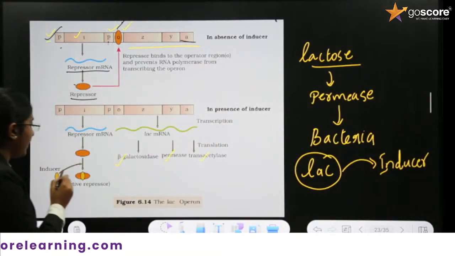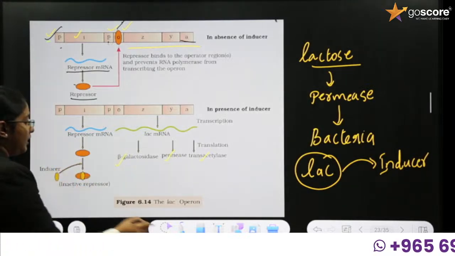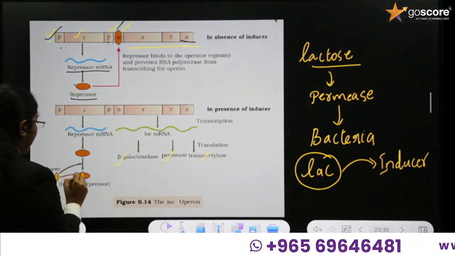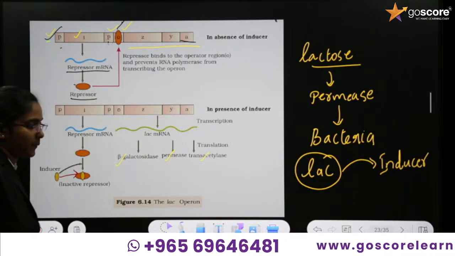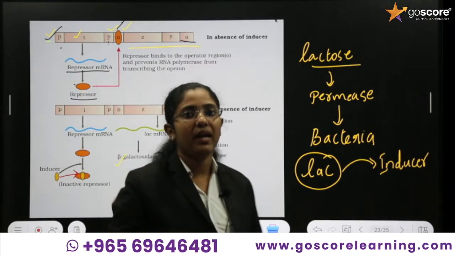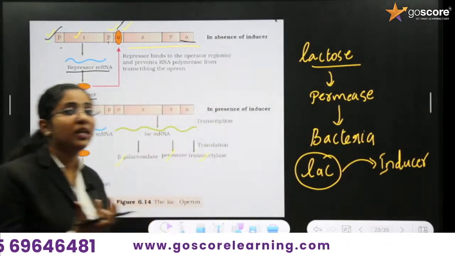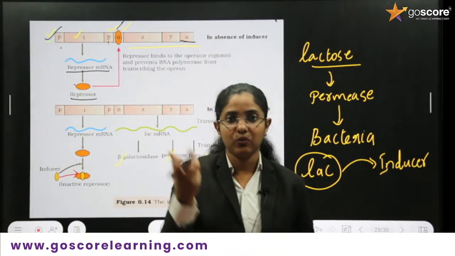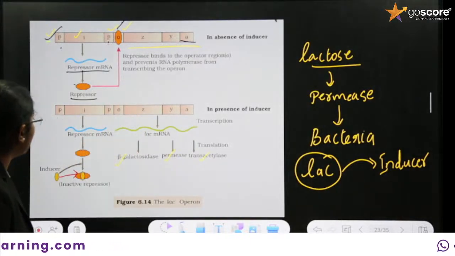If the inducer molecule is inside the bacterial cell, it will go and bind to the repressor molecule which is present in the operator site. It will be removing the repressor protein.